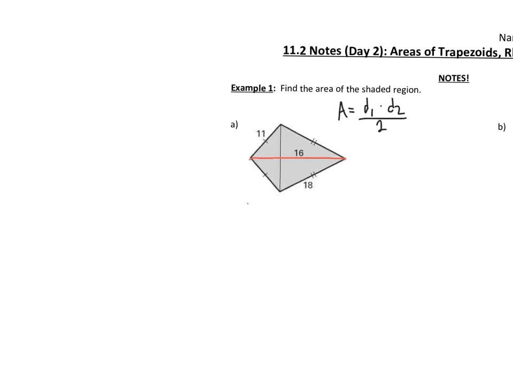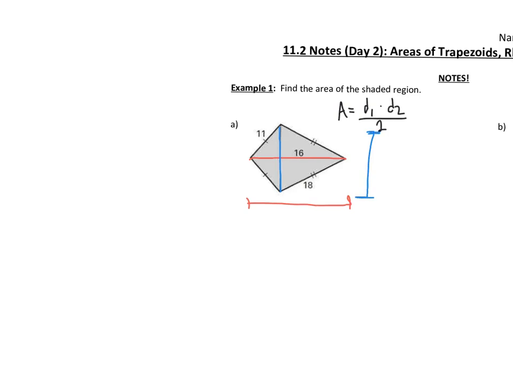So I'm going to mark that below here. I need to know what that distance is, and I also need to know what the length is of that diagonal right there, which I'm going to label or draw on the outside here as well, my blue one.